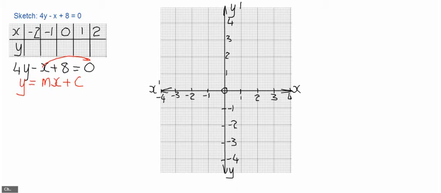It will become a positive. So 4y is equal to positive x. And we're also going to take the positive 8 to the right hand side. So it will become minus 8.